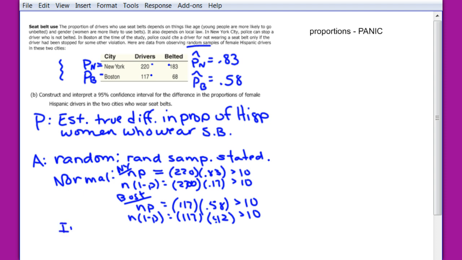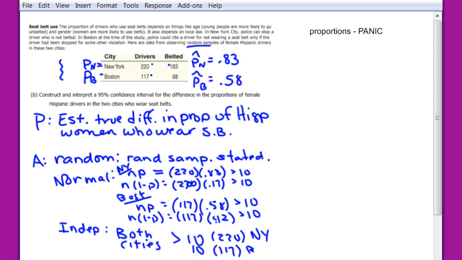Then we look at the independence condition. I think it is safe to say that both cities have populations greater than 10 times 220 for New York and 10 times 117 for Boston. So all three conditions look good.